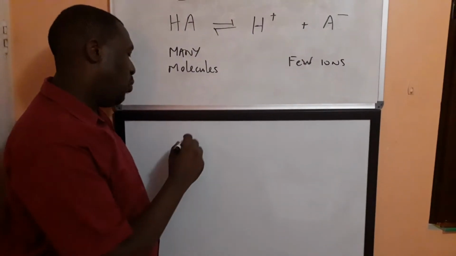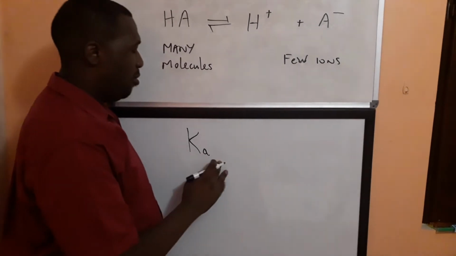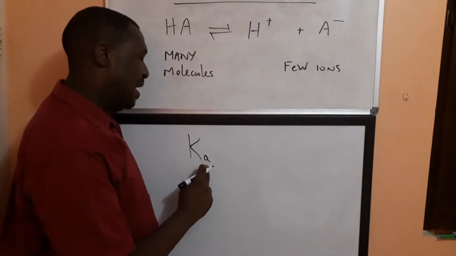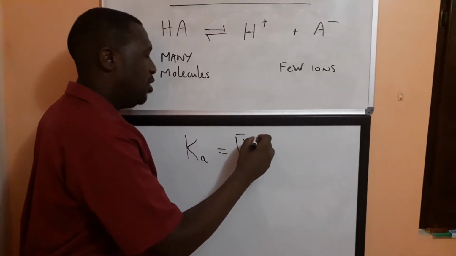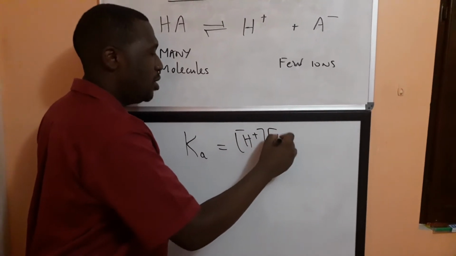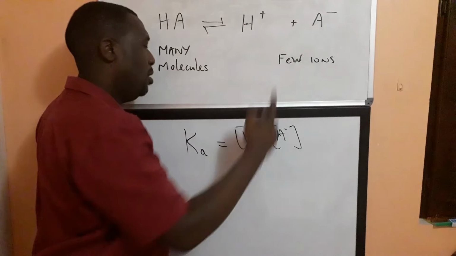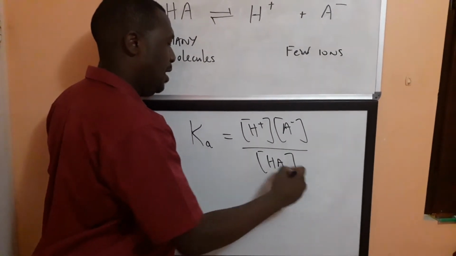For weak acids, we can write an expression for the equilibrium constant, which is called the acid dissociation constant, Ka. And it is given by, of course, the concentration of the products, which are the ions, raised to their stoichiometric coefficients, which are 1 and 1, over the concentration of the acid, HA.